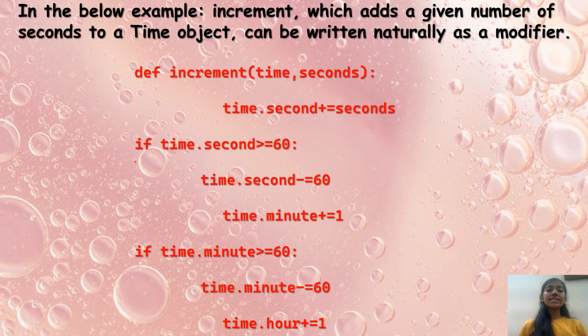Now giving the condition: if time.second is greater than or equal to 60, then time.second should be equal to time.second minus 60 and time.minute should be equal to time.minute plus 1. Now another condition: if time.minute is greater than or equal to 60, then time.minute should be equal to time.minute minus 60 and time.hour equals time.hour plus 1.